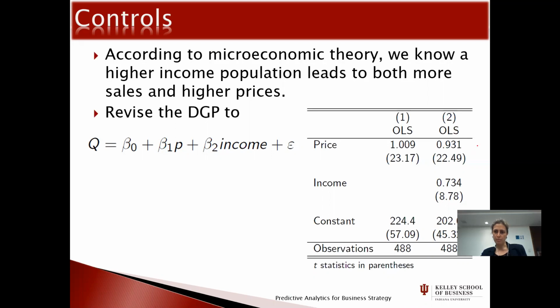My coefficient is smaller, but it's still bothering me that this coefficient is positive, because I know that when prices go up, quantities should go down, unless I have some weird Giffen good type of abnormality that we studied in microeconomics, and that's not going to happen for the majority of goods. So we're better, but we're still not doing the best we can.